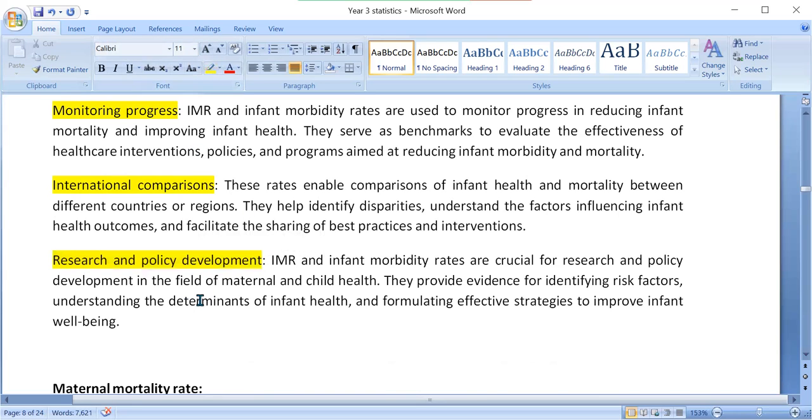When we have high infant mortality, researchers go into research to find out what is the cause. And from there, lawmakers can develop laws and policies to help maternal and child health.